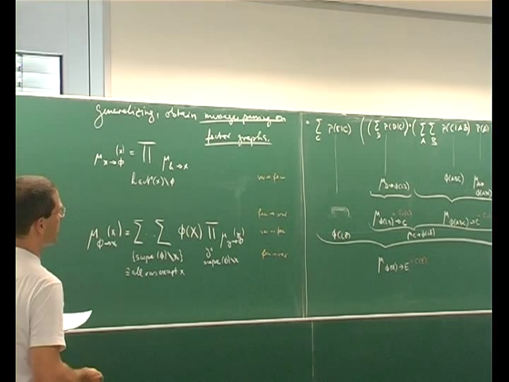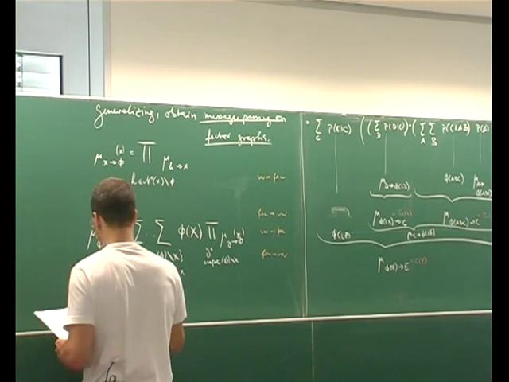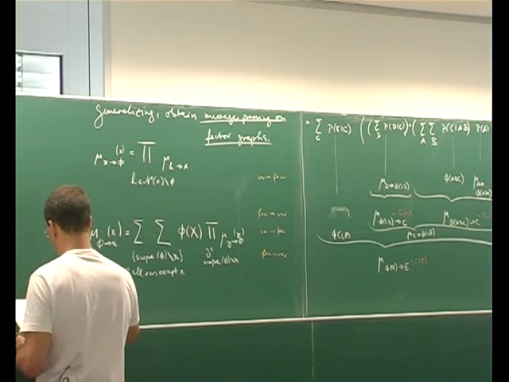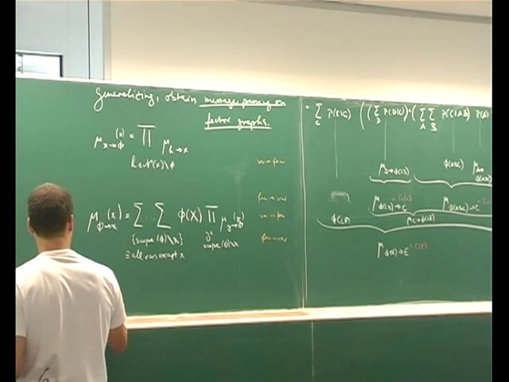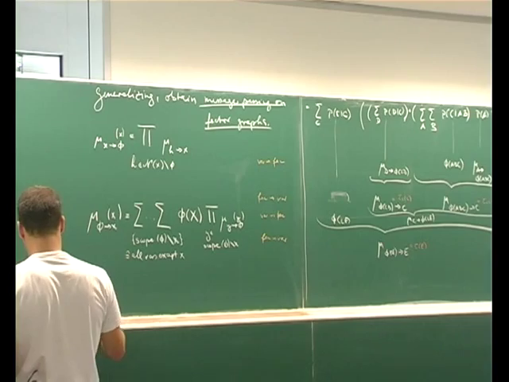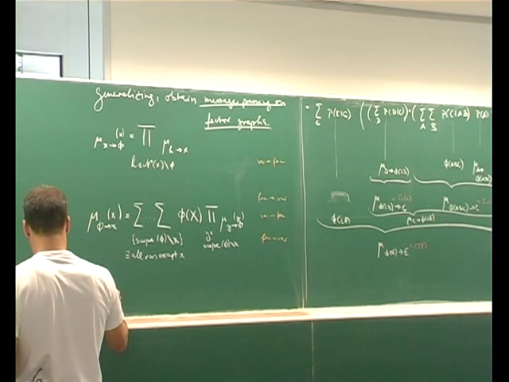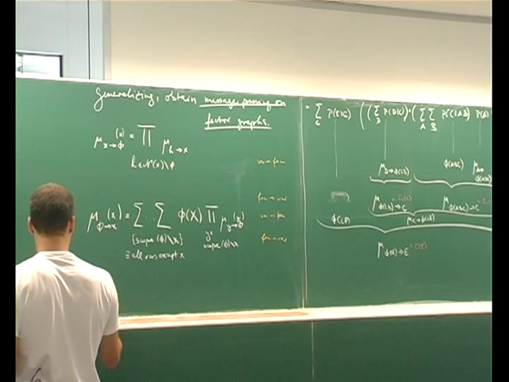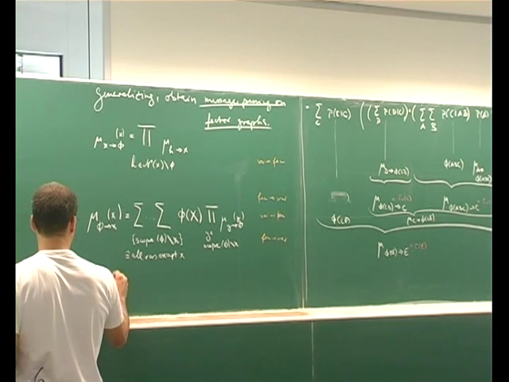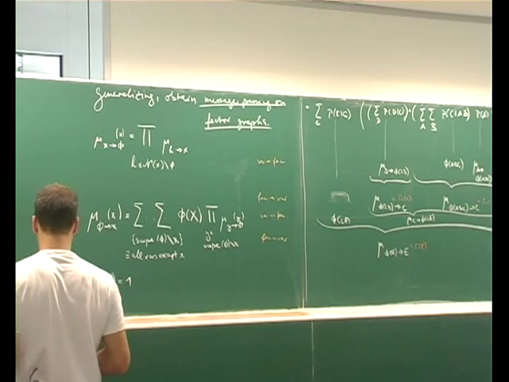We still need a starting condition, namely what the leaf nodes are sending. So if a variable is a leaf node, the first message it sends to its factor is simply 1.